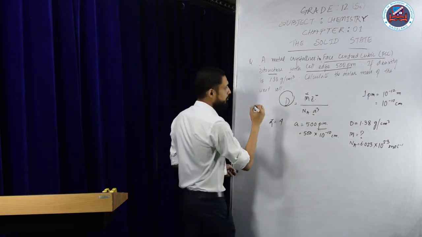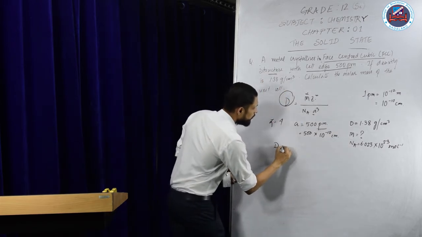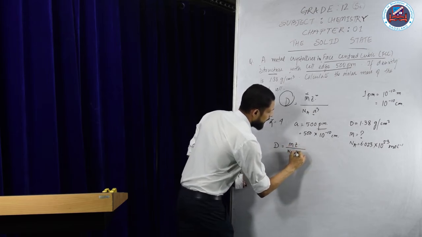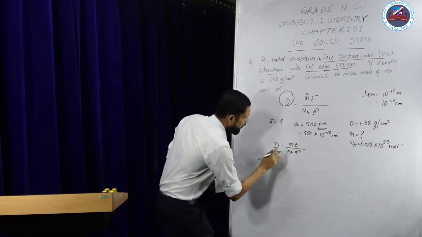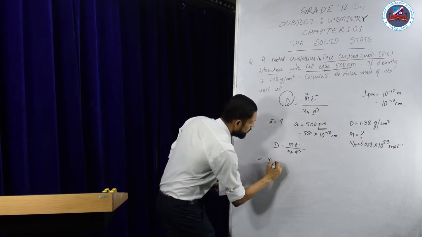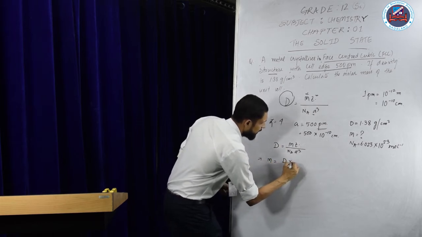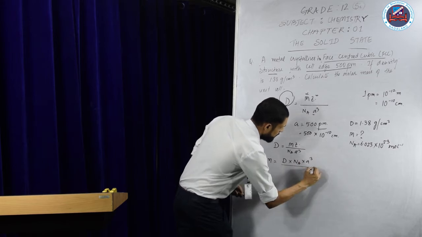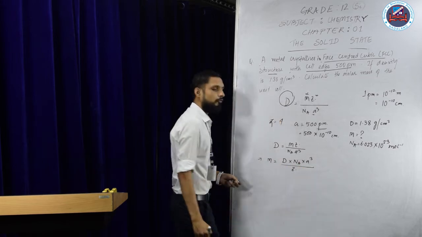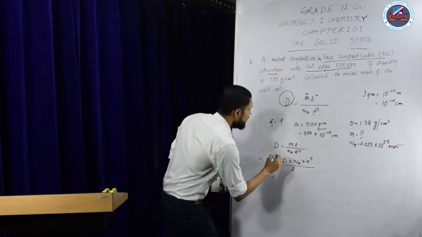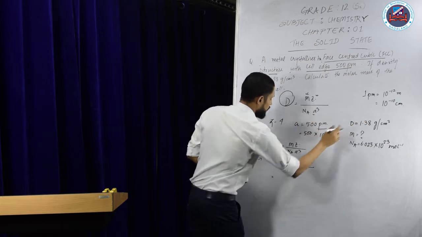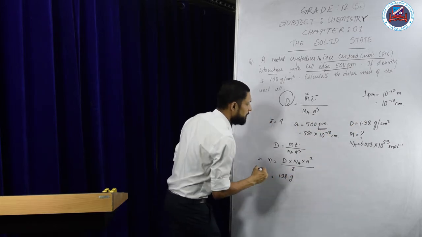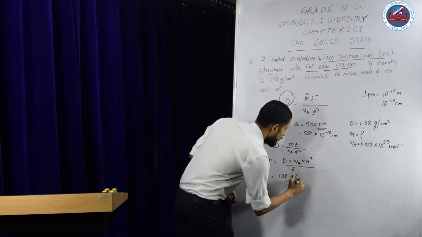So now let us use the formula. D = mZ / (Na a³). So from here, M will be equal to D, density, multiplied by Na multiplied by a³, divided by Z, that is the number of atoms. Now density is given, 1.38 gram per centimeter cube.